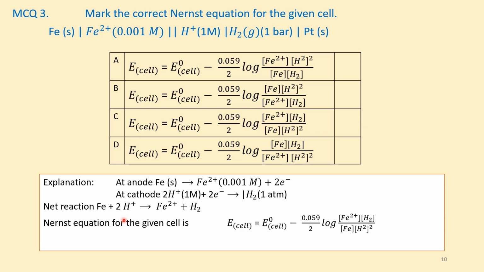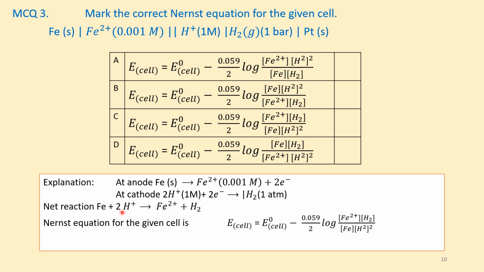So the net reaction is Fe plus 2H+ forms Fe2+ plus H2. These two electrons get cancelled.